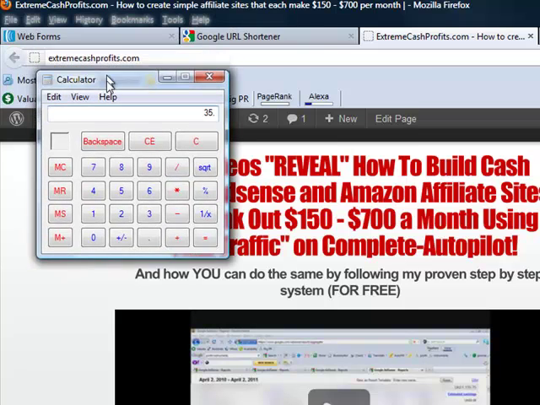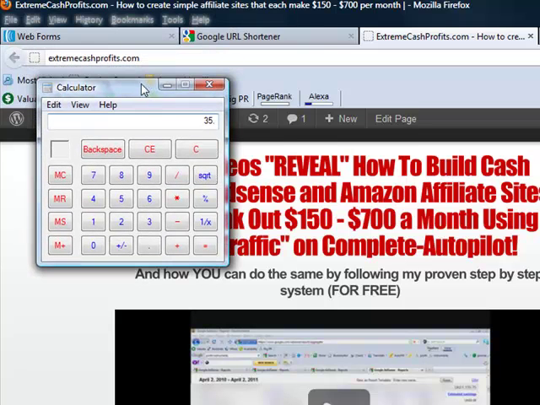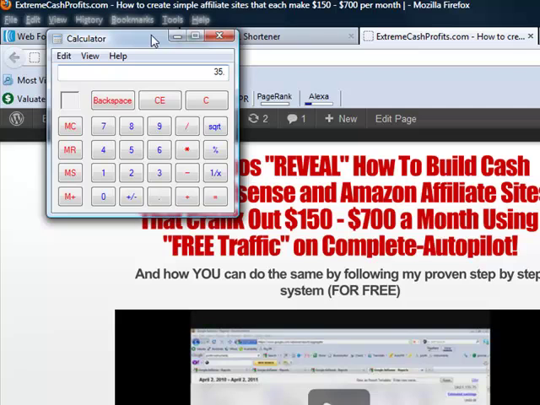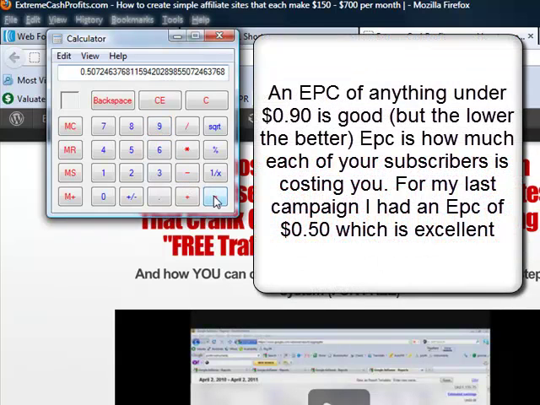Now if you remember, I had 69 opt-ins, didn't I? So you divide 35 by 69, and this will give you your EPC, which in this case is 50 cents, which is very good.